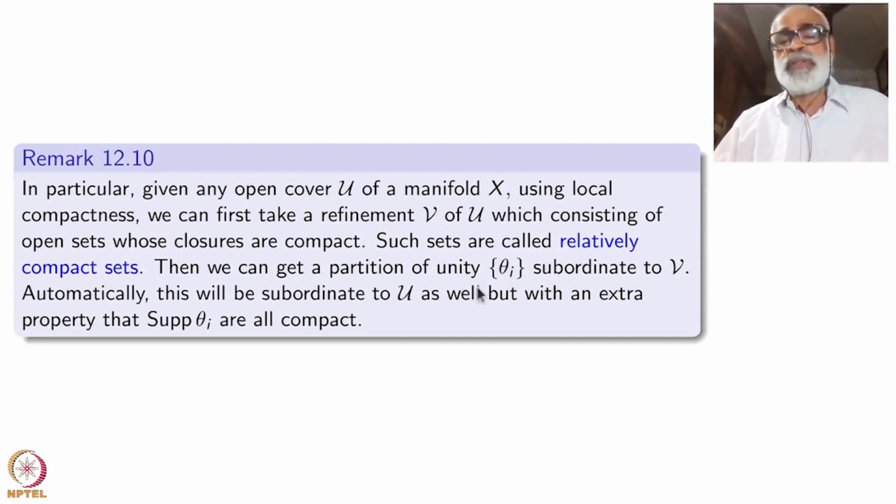So that support of theta i is a closed set already. That should be contained inside one of the members of V. But members of V are such that their closures are compact. Therefore, these theta i's have compact support. So this will automatically imply that it will be subordinate to U also, with the extra property that the supports of theta i's are all compact.